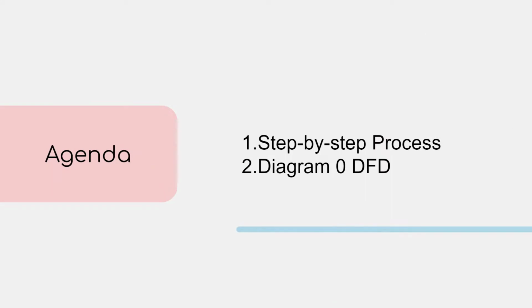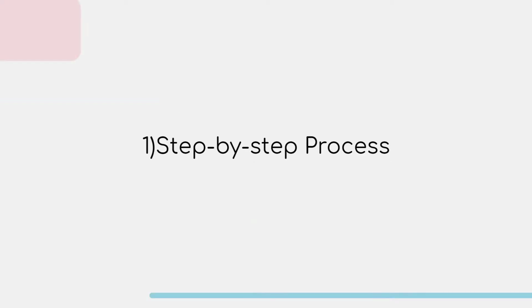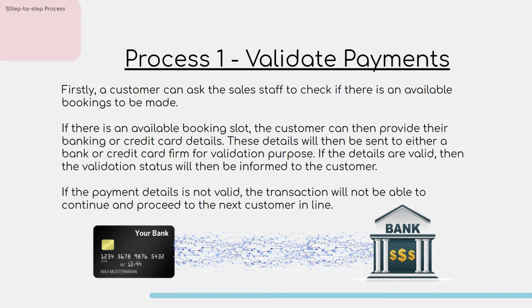So the agenda for today is first the step-by-step process, and secondly the Diagram 0 DFD. The first process is validate payments. Firstly, the customer can ask the sales staff to check if there are available bookings to be made. If there is an available booking slot, the customer can then provide their banking or credit card details.